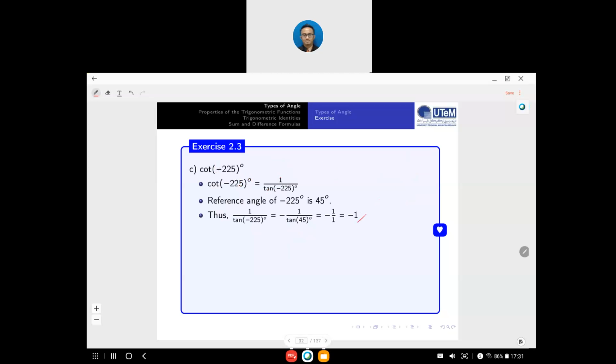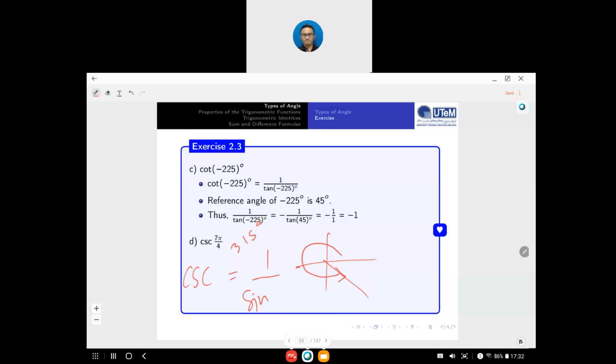Okay, and then D, cosecant 7 pi over 4. Okay, 7 pi over 4 is 315 degree. Where does 315 degree sit? It is placed in the fourth quadrant. And then cosecant is also equal to 1 over sine.